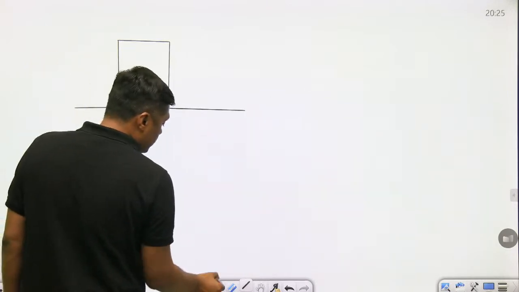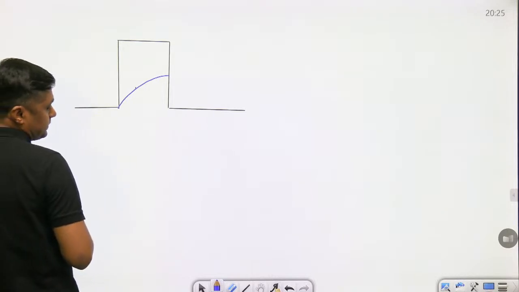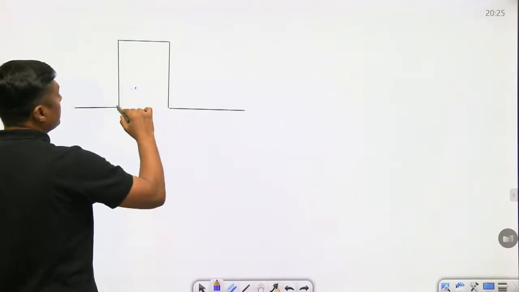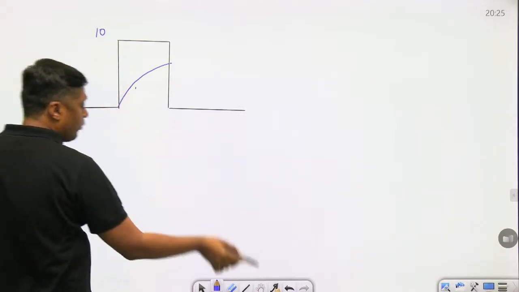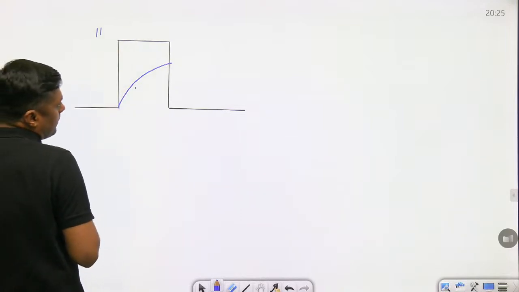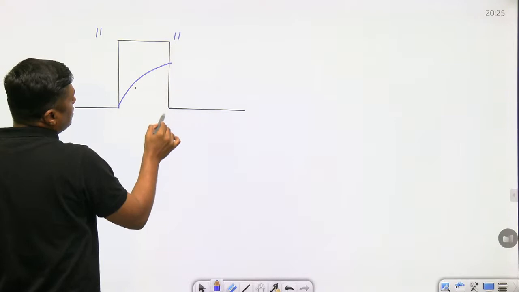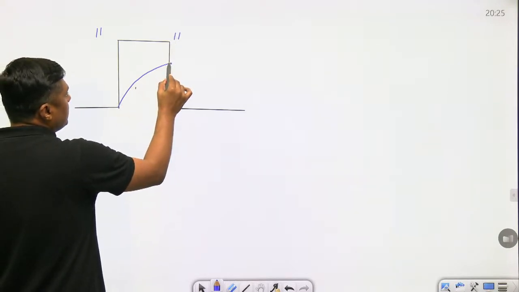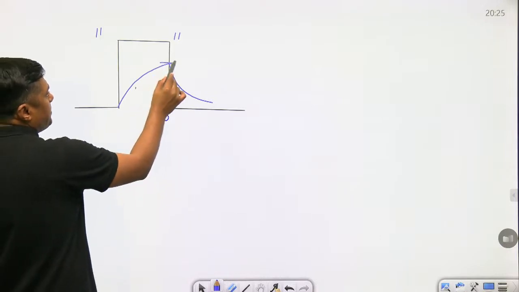The capacitor starts charging, and in one time constant it reaches here. The voltage applied is 11 volt, but across the capacitor the highest voltage is 10 volt. After that it will suddenly drop from 11 towards 0. The capacitor will charge and after that it will start discharging.